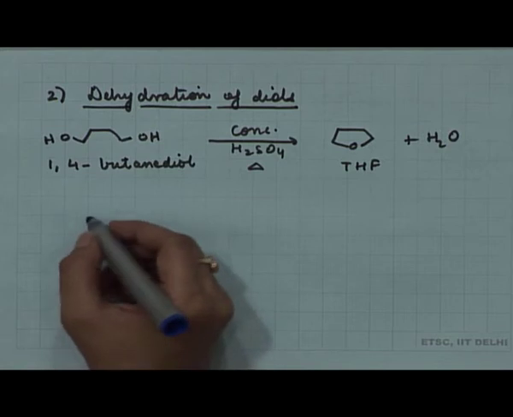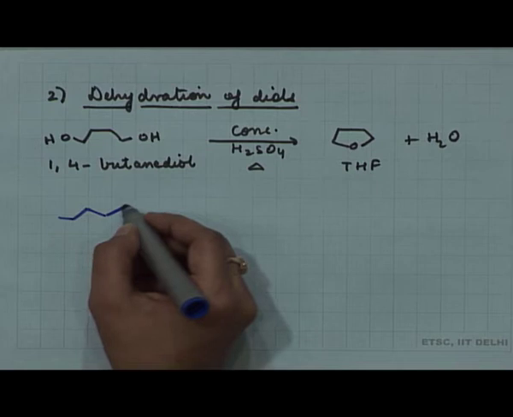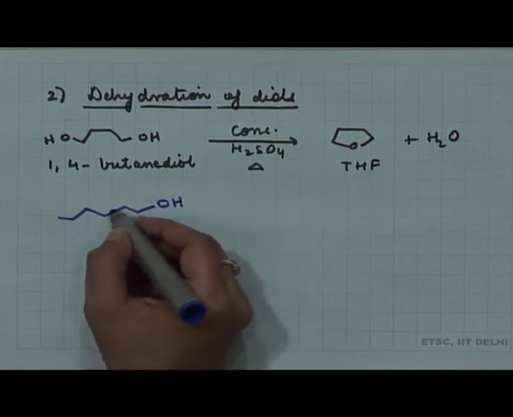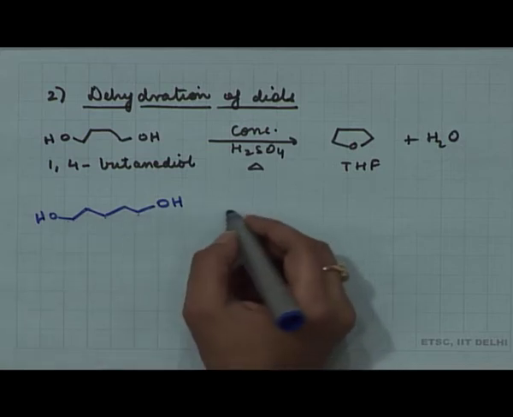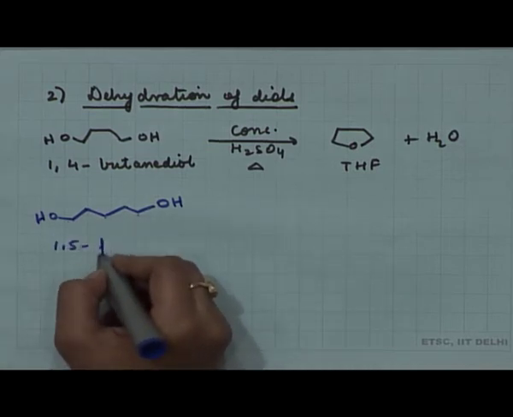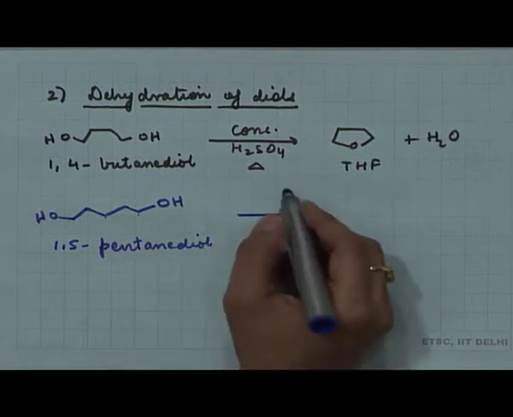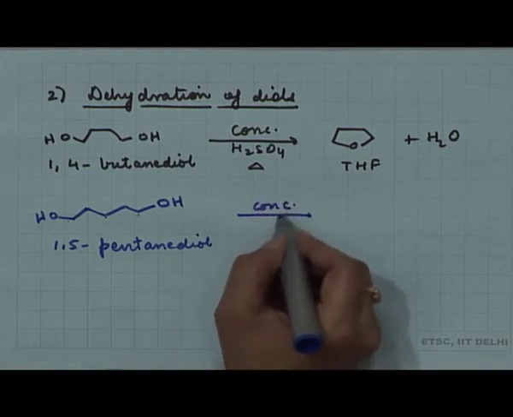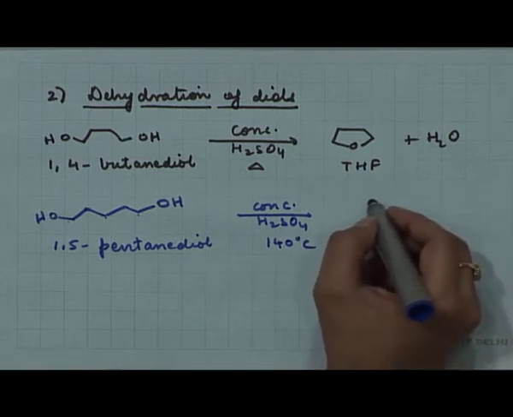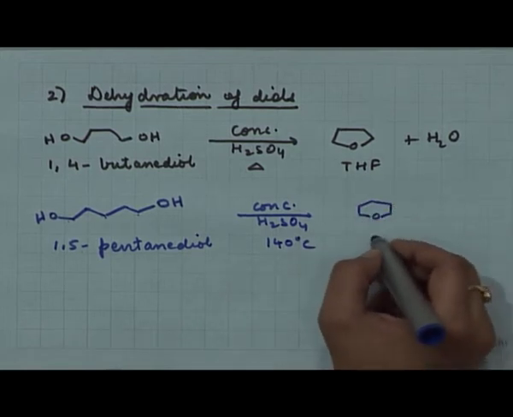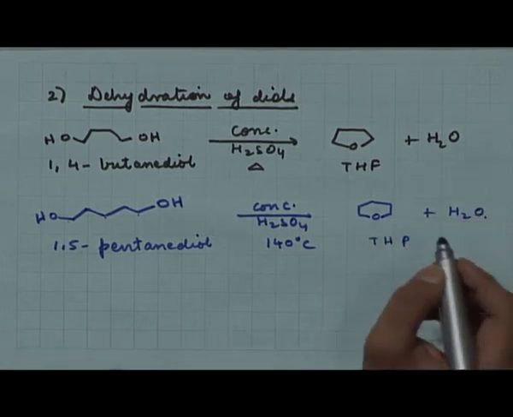Likewise, you can choose a 1,5-pentane diol, so this is 1, 2, 3, 4, 5, and if you heat this 1,5-pentane diol with concentrated H2SO4 at a high temperature, 140 degrees centigrade, you get the 6-membered tetrahydropyran along with formation of a water molecule.